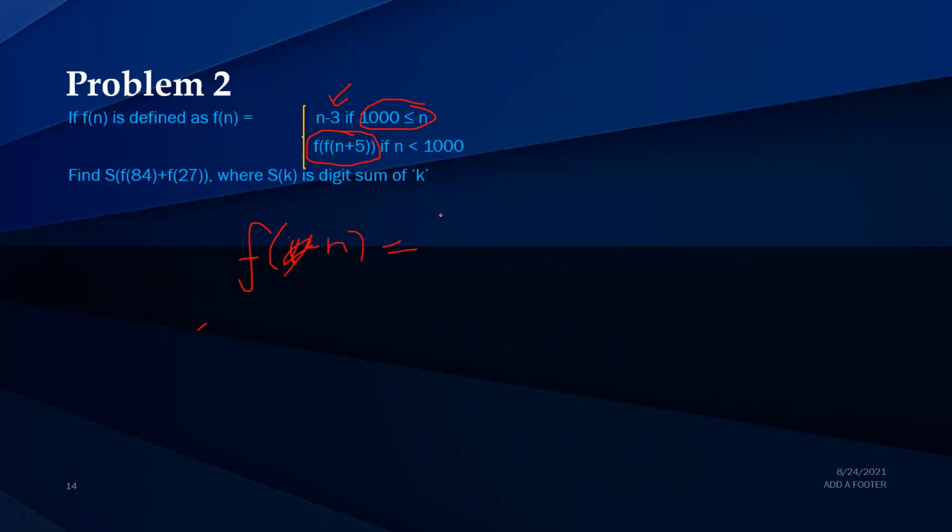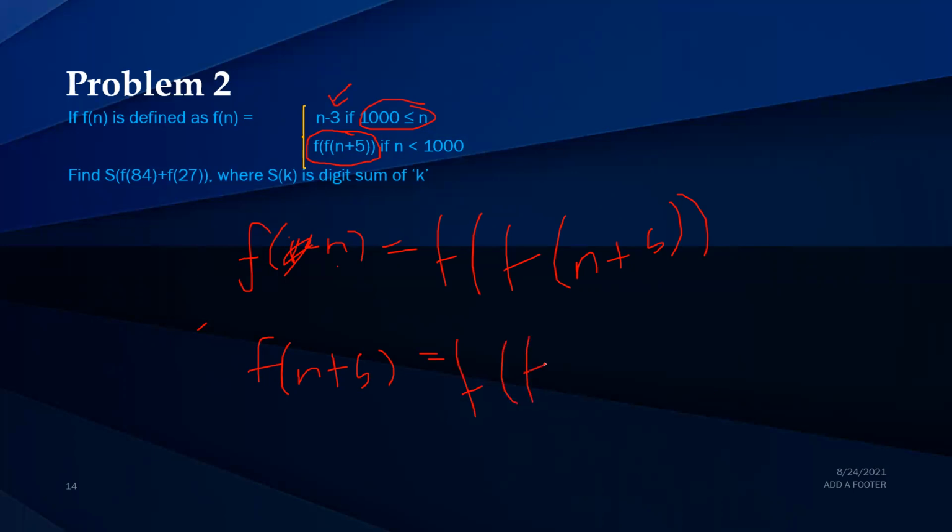So you'll see that f of n is equal to f of f of n plus 5. Now f of n plus 5, put n plus 5 in place of n, so it is f of f of n plus 10.